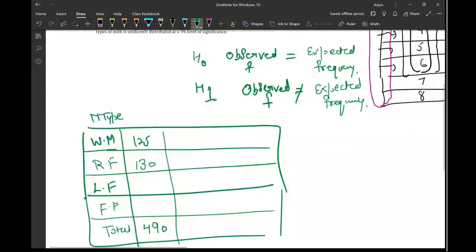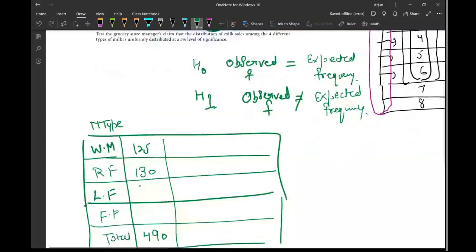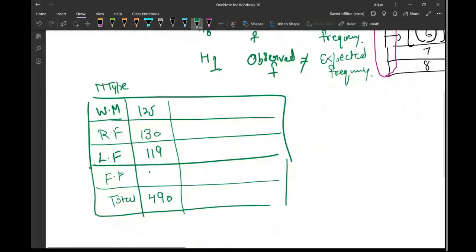These were bottles sold for reduced fat, then 119, and then 116. One more time, these are observed values. Observed means what actually happened on the ground. This was his sample; in his sample, this is what he observed.